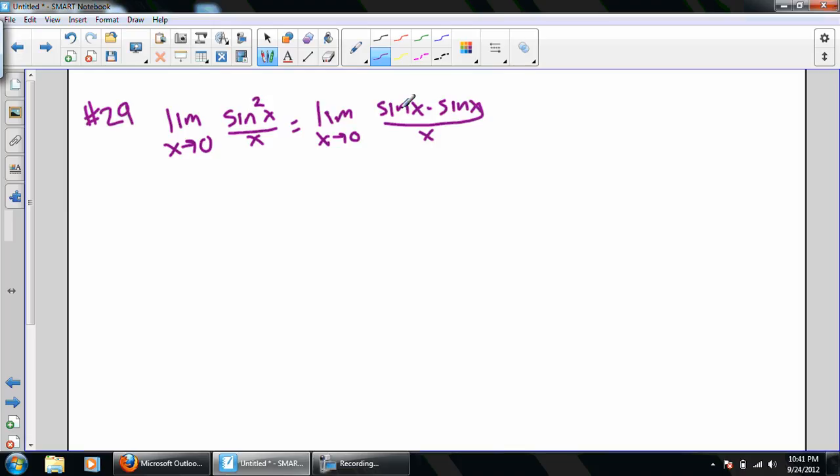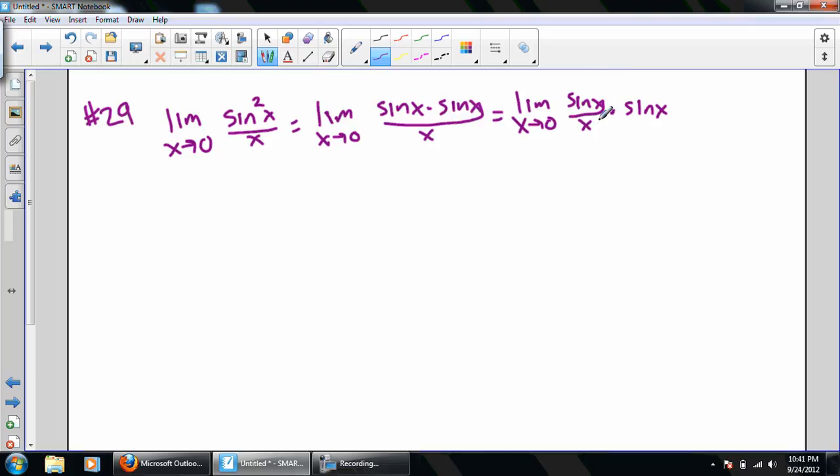This is the same as sine squared of x, and our denominator didn't change. But the important thing is we can rewrite this as the limit as x approaches 0 of the sine of x over x times the sine of x.